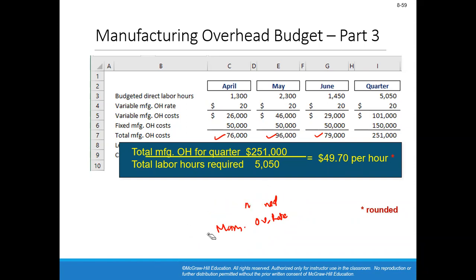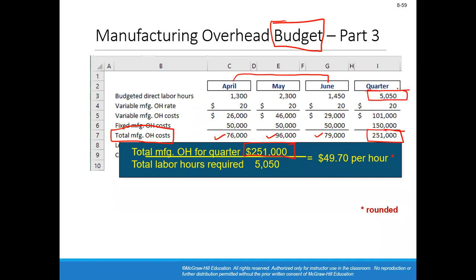So how can we calculate the predetermined manufacturing overhead rate? You see, the total manufacturing overhead in this total quarter, April, May, June, is how much? 251,000. It is our total manufacturing overhead. We are familiar with this kind of calculation. And during this time, we are estimating, note that it is the budget, right? We are estimating how many direct labor hours we'll be spending for our production.